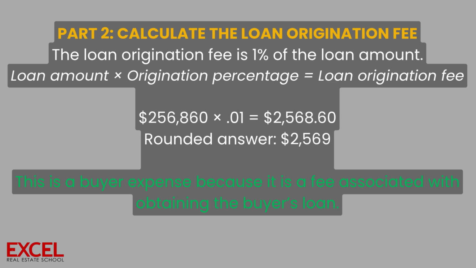So the loan amount is $256,860 times 1%. That gives us $2,568.60. We're going to round that up to $2,569. This is a buyer expense because it is a fee associated with obtaining the buyer's loan.